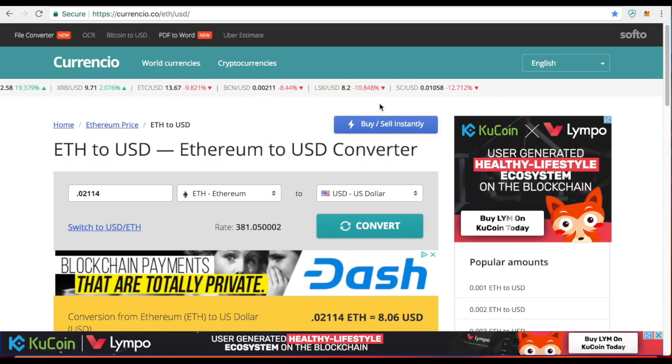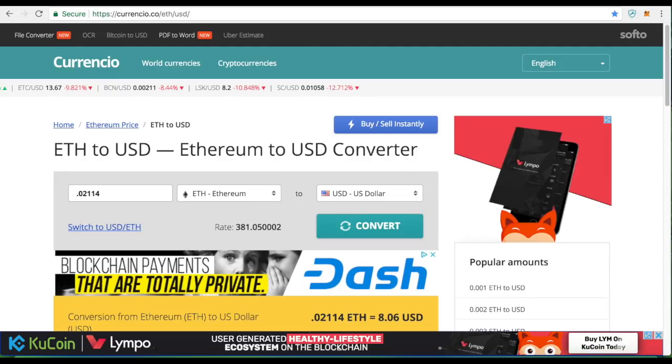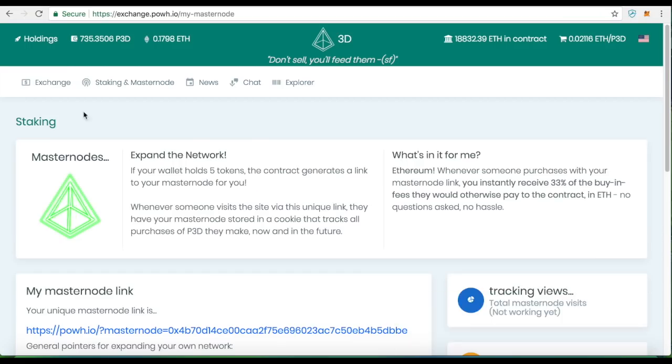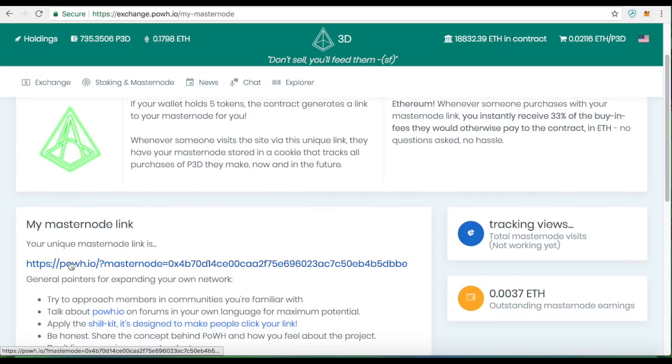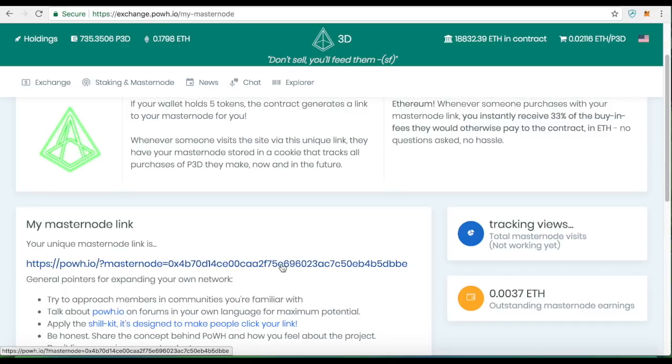So in other words, if you invested about $40 in change, you will then have, at this point, from the time that I'm creating this video, because I know this could change in the future, right? Because it continues to grow. If you have 5 tokens, which is a little over $40, then you will have your own masternode. Masternode link is something that you can share with everyone.